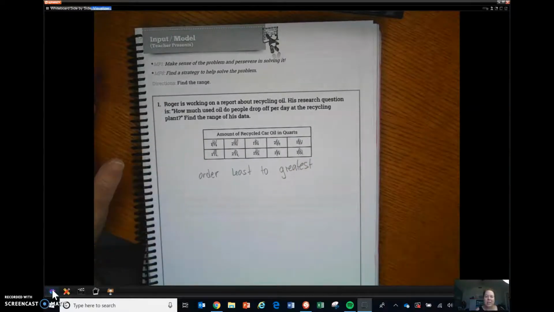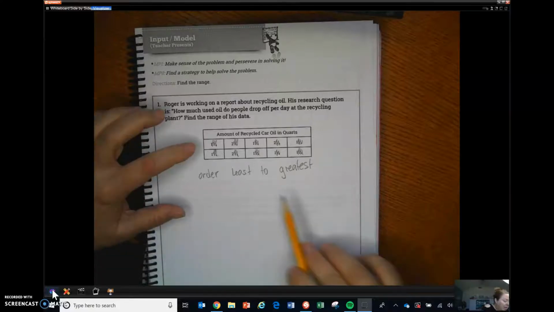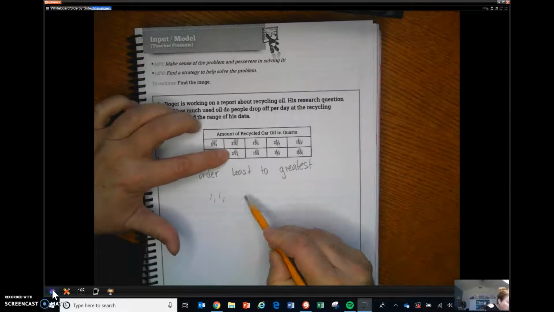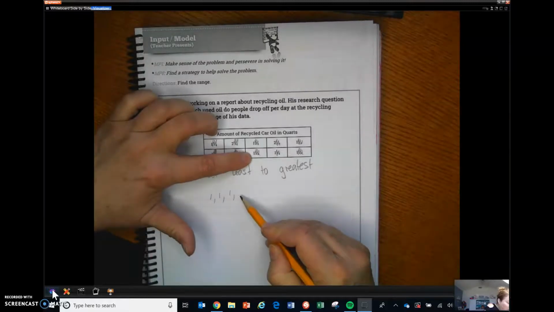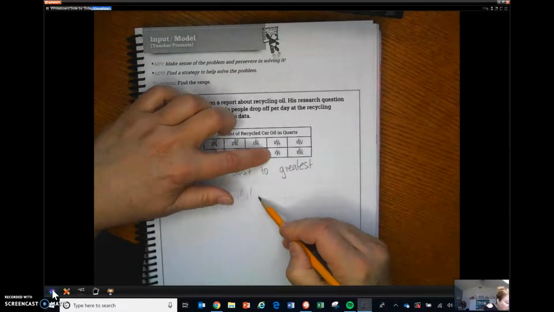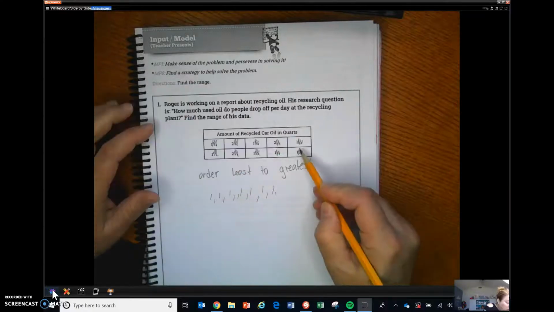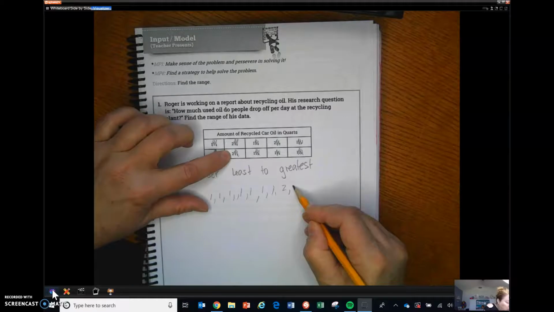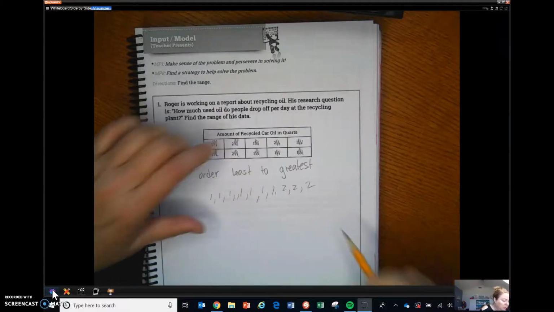I don't really want this lesson to go into detail on how to add and subtract fractions. That was a 5th grade standard, and I don't want to lose you at this point. So I've got 1, 2, 3, 4, 5, 6, 7 ones, and three 2s.